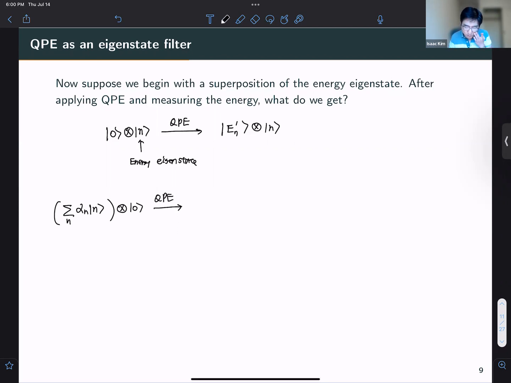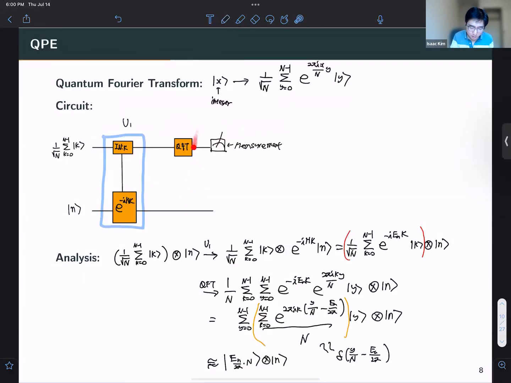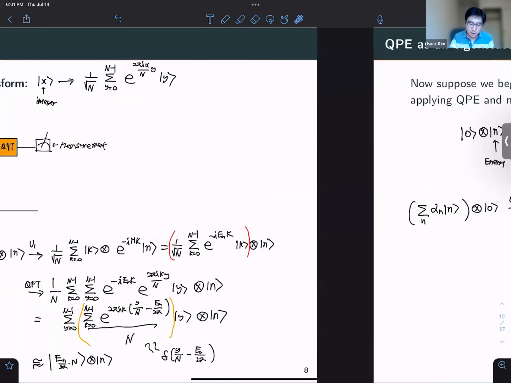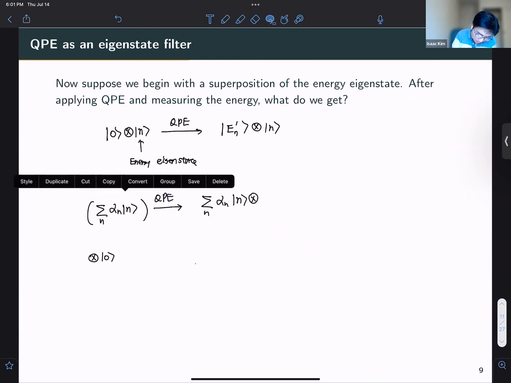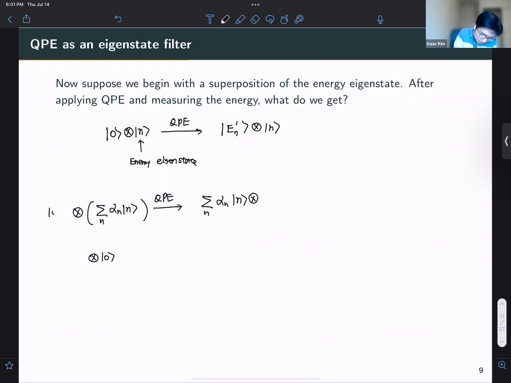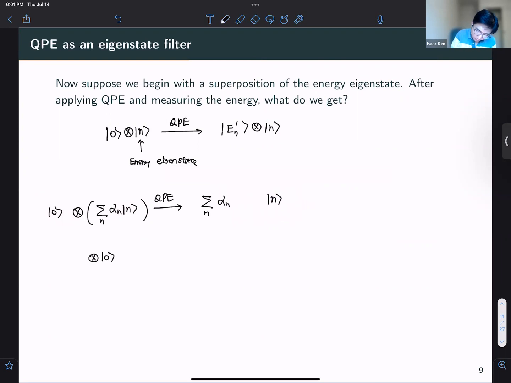Remember, the quantum phase estimation is a unitary process. I mean, there is a measurement part here, but up to this point, up to the QFT part, everything was unitary. So using the linearity of quantum mechanics, we can see that this will become... oh, sorry, I think I flipped the order. All right, better.